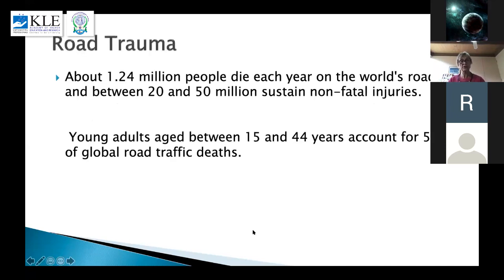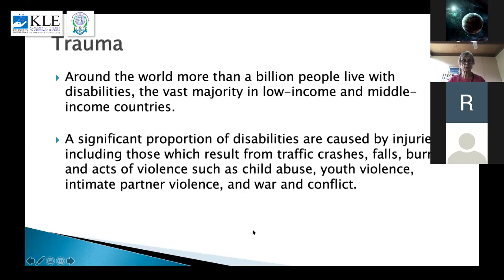Road trauma, well, I don't need to talk about that in India and some of the other countries in the Southeast Asian areas, terrible death rates, but also injuries following road trauma. And other trauma as well, of course, traffic, but also falls, work-related incidents, acts of violence, such as child abuse, youth violence, domestic violence, war and conflict. So trauma, again, causing both an increase in mortality, but also an increase in disability.